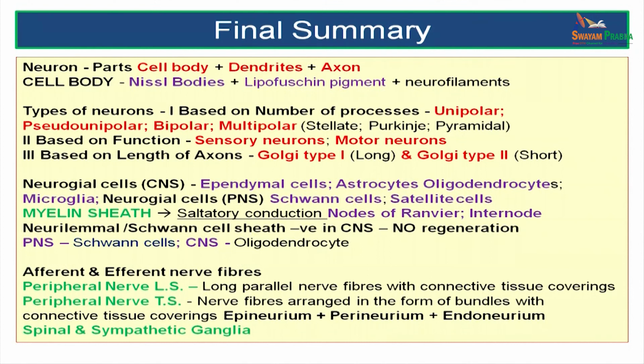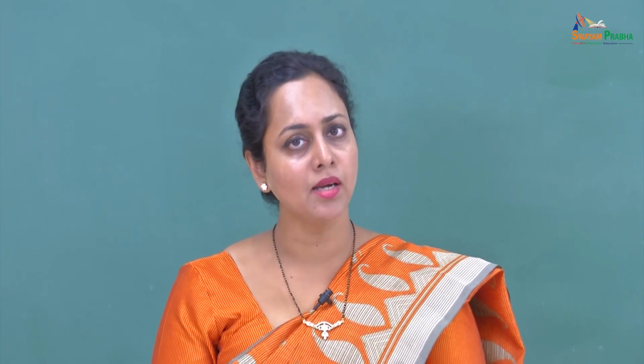Let's summarize everything that we have done today. Our topic for today was nerve and ganglia histology. When we spoke about nerve, we started with the definition of a neuron and its parts: the nerve cell body, the dendritic tree and the axon.